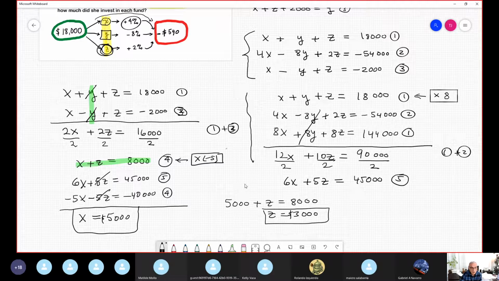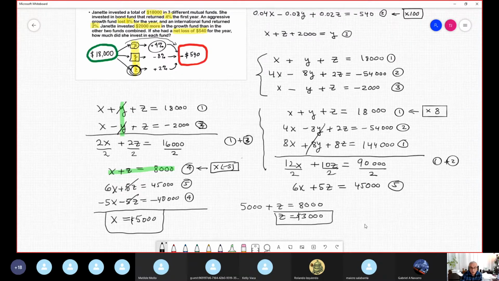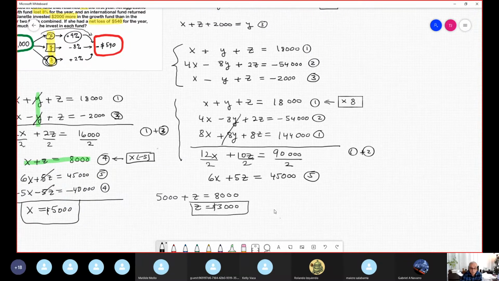And finally, in order to find the Y value, I take the easier equation, in my opinion, that contains 3 variables. It's the first one. X is 5,000 plus Y, I have no idea, and C is 3,000, and this is 18,000. This is 8,000 and 18,000.